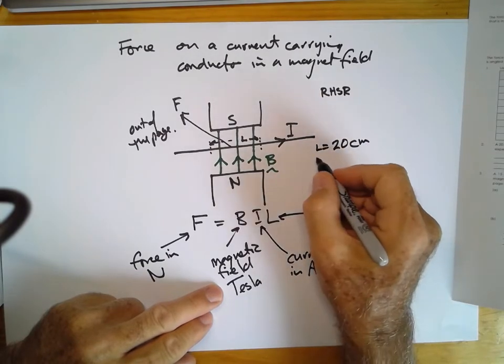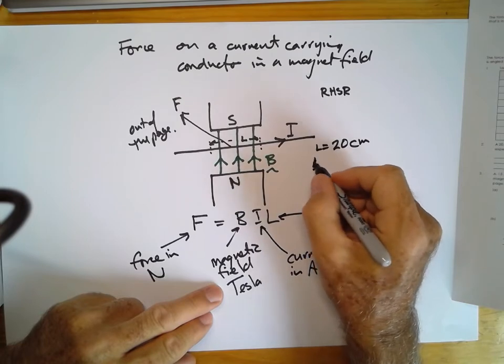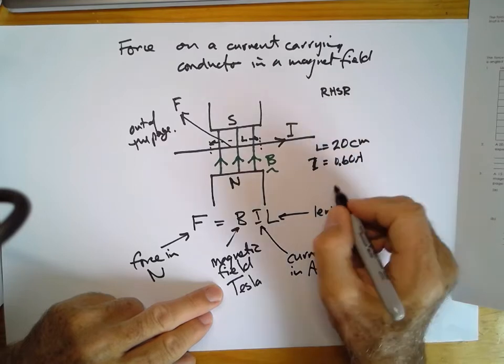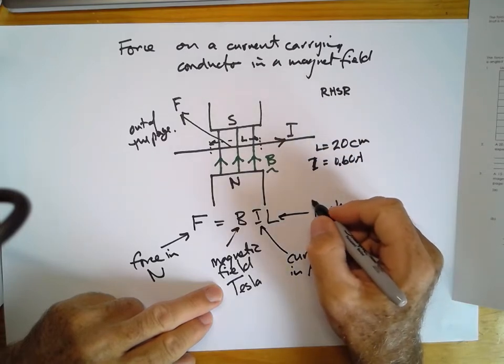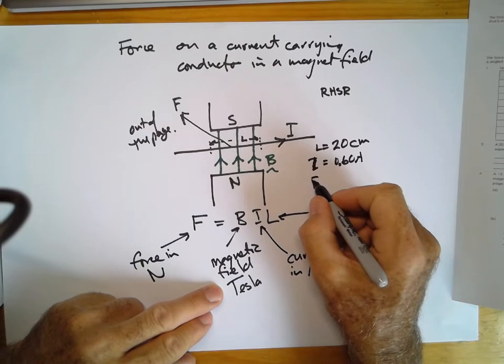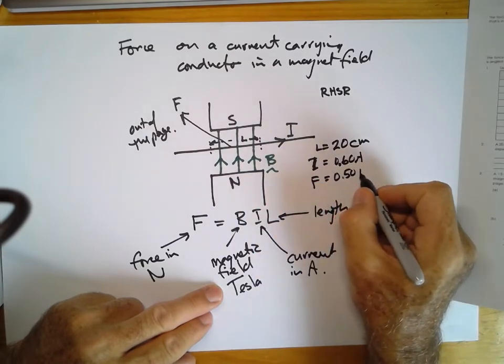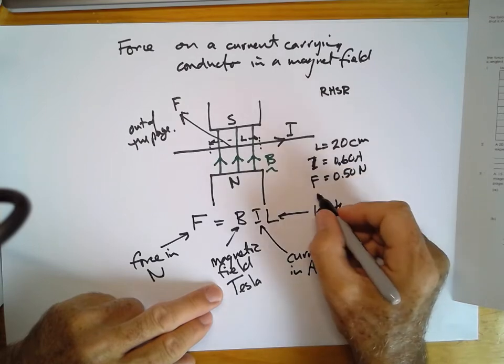The current is equal to 0.60 amp, and the force that the wire experiences is 0.50 Newton. Calculate the magnetic field strength.